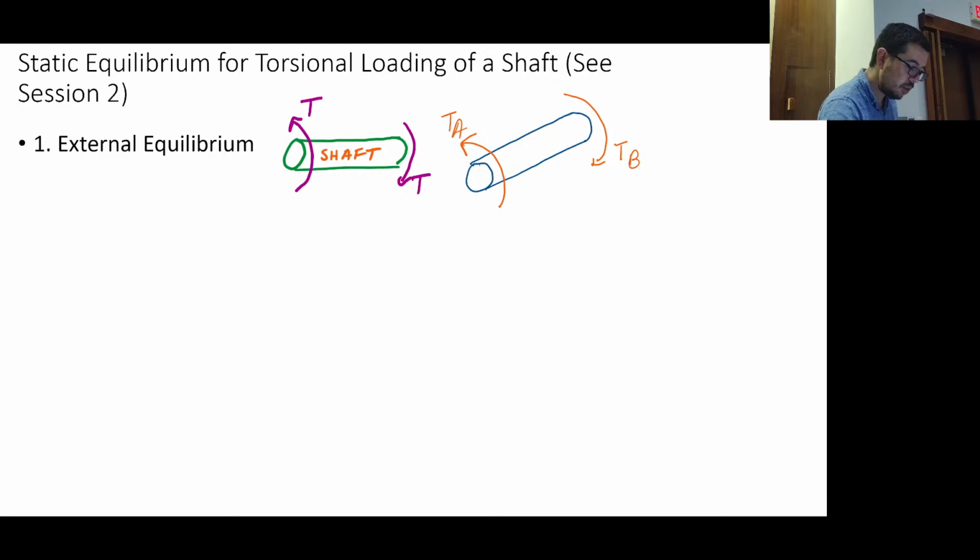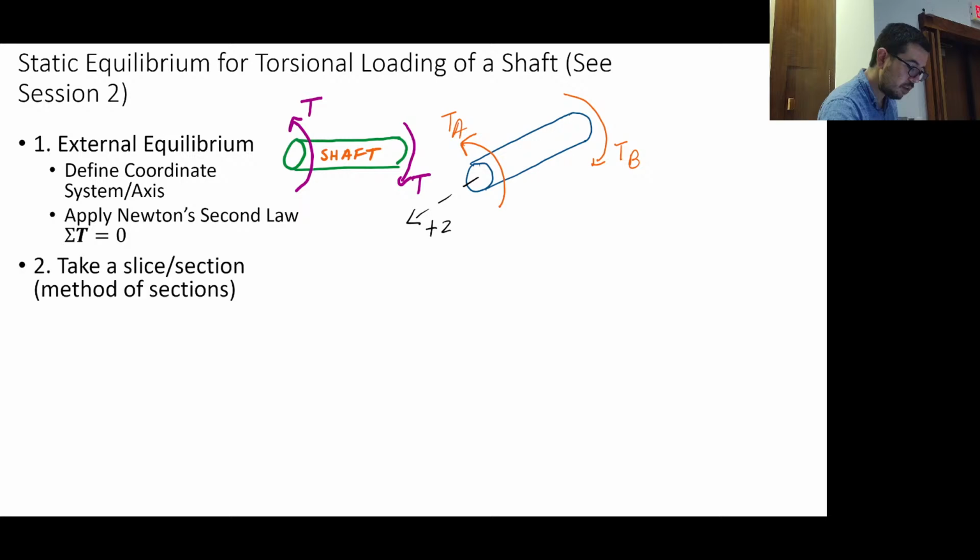As a reminder, we often look at the external equilibrium first, and we often arbitrarily pick a coordinate system or axis, and we use Newton's second law.